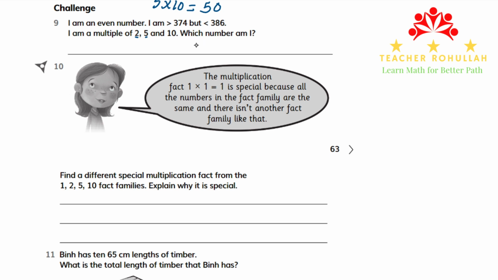Which number am I? 374 is less than that number, and 386 is more than that number. The number between 374 and 386 that can be a multiple of 2, 5, and 10 at the same time is 380. Because 380 ends in 0, it is a multiple of 2, a multiple of 10, and a multiple of 5.